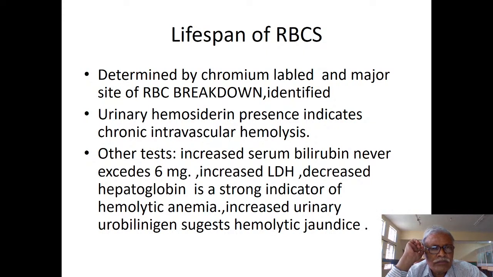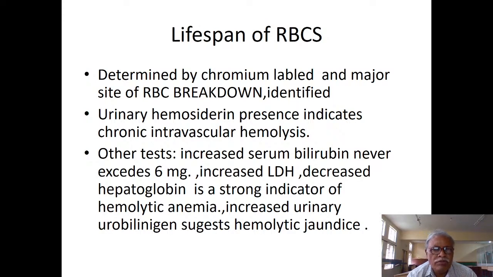The major site of RBC breakdown is usually identified by chromium. You tag the RBCs with chromium, inject it, and watch how long they survive in the body. Then urinary hemosiderin: if you test for hemosiderin in urine and it is present, it indicates chronic intravascular hemolysis.